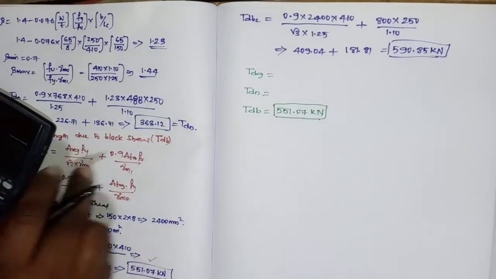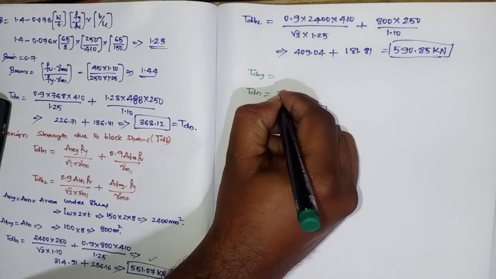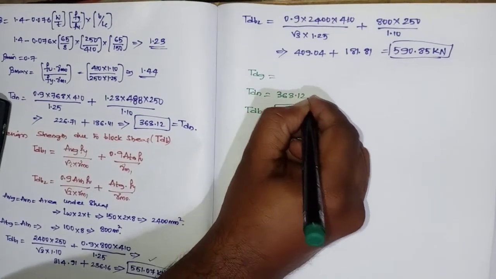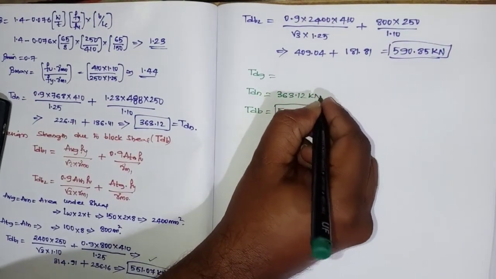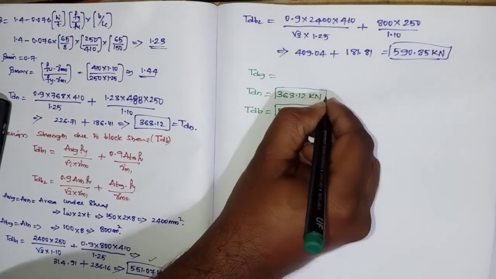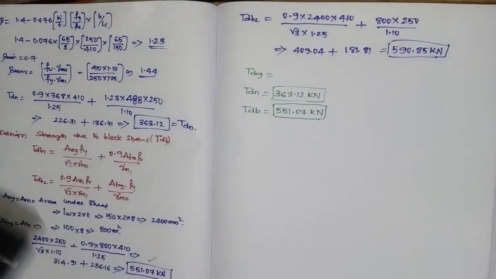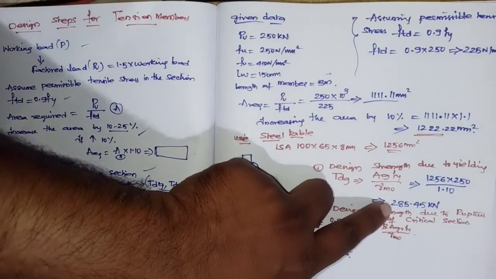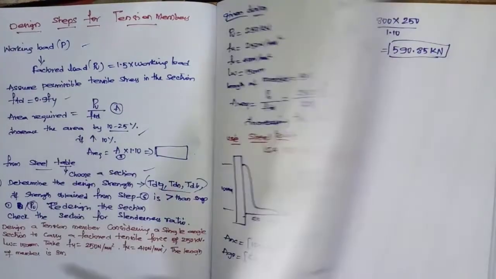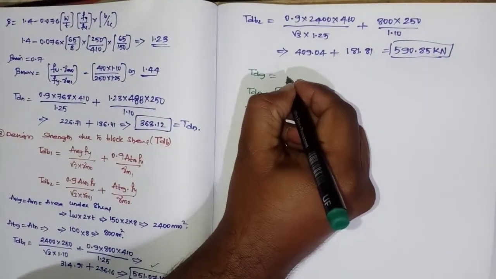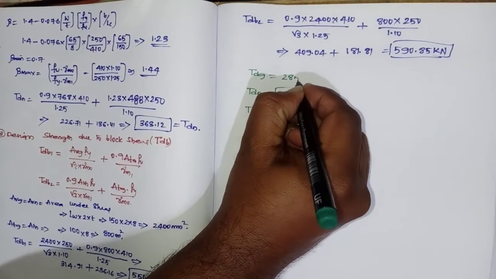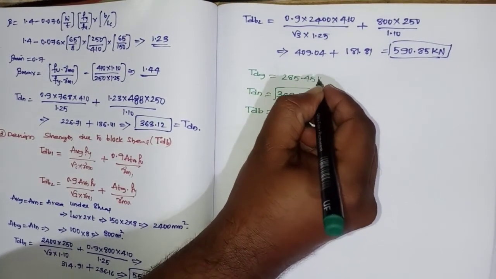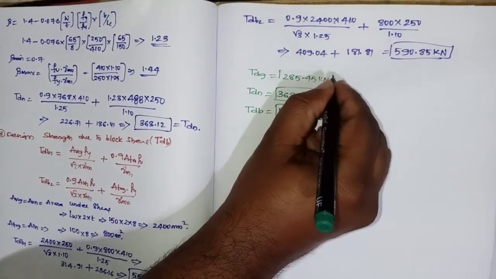Next, TDN is 363.12 kilonewtons. And if I go back once, what is the TDG value you got? 285.45 kilonewtons.